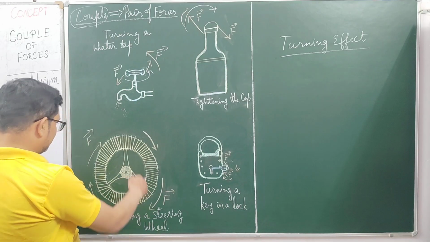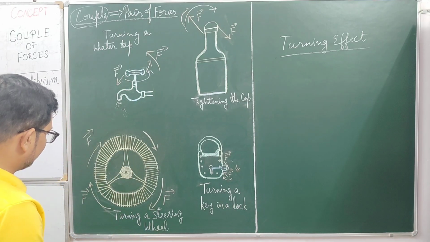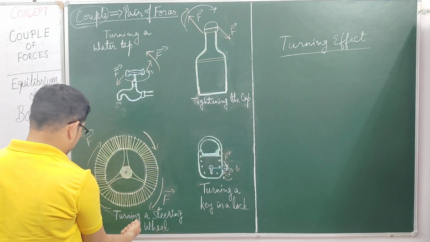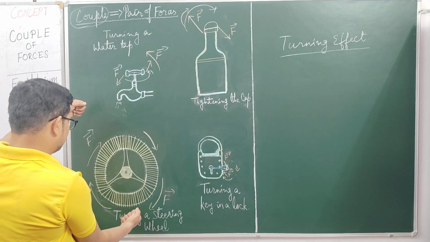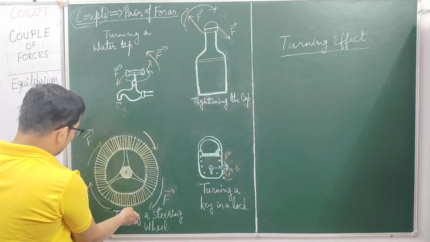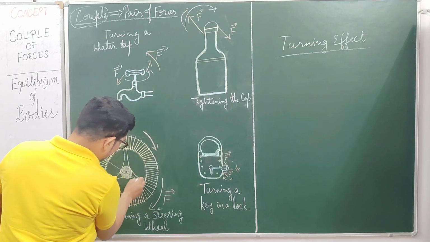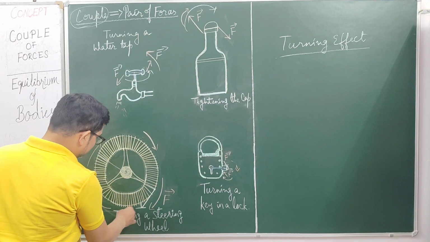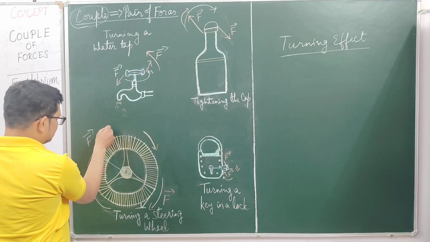Similarly, look at turning a steering wheel. Here you apply a force in this direction, and here you apply a force in this direction. These two forces form a pair of forces, a couple of forces, and there is always a distance between them.